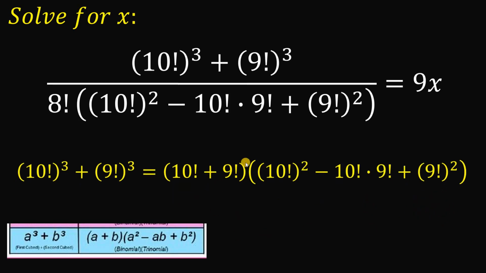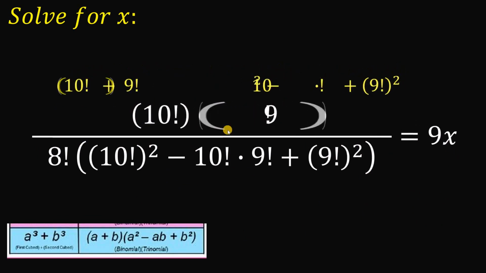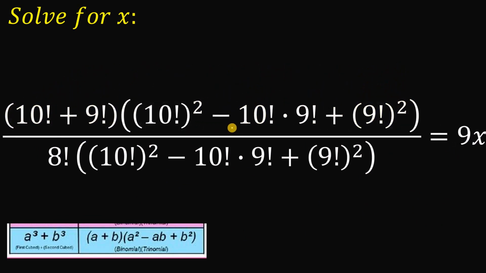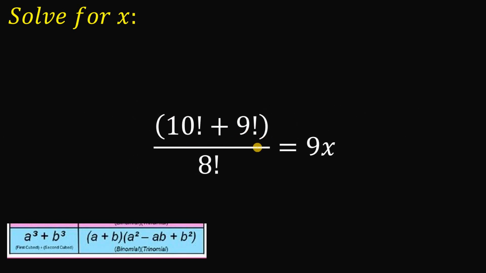Alright, now our numerator, we can replace this by its factored form. And notice, we can cancel out a bunch of terms. So we can cancel out this whole factor of 10 factorial squared minus 10 factorial times 9 factorial plus 9 factorial squared on the numerator and on the denominator. So this will leave us with 10 factorial plus 9 factorial all over 8 factorial.